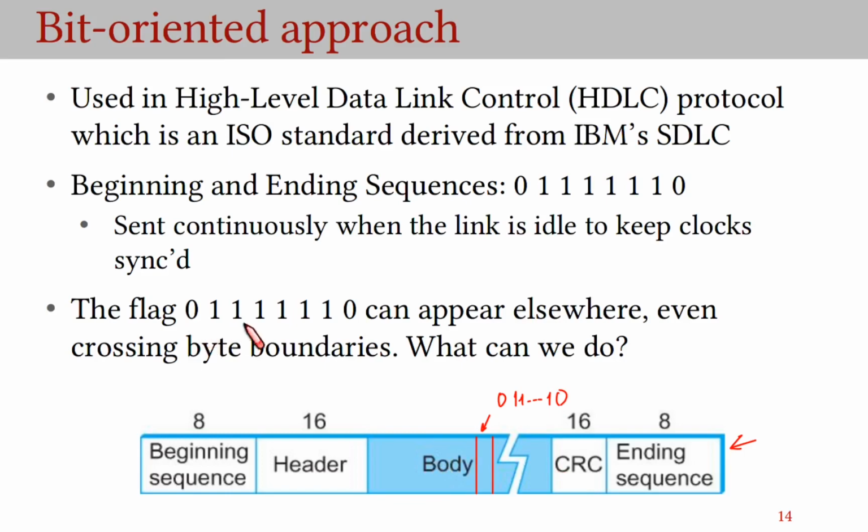And therefore this flag can appear across byte boundaries. So maybe these first three bits are part of one data byte, and these another 5 are part of the following data byte.